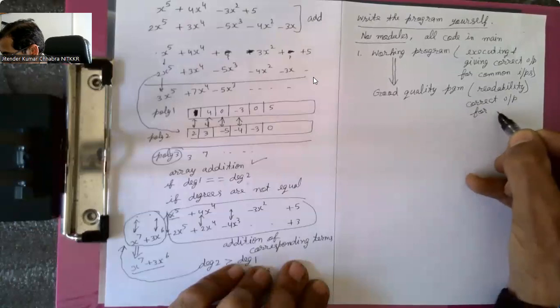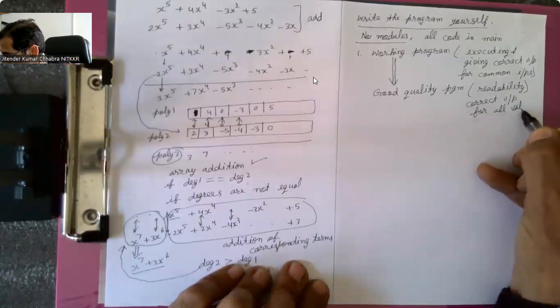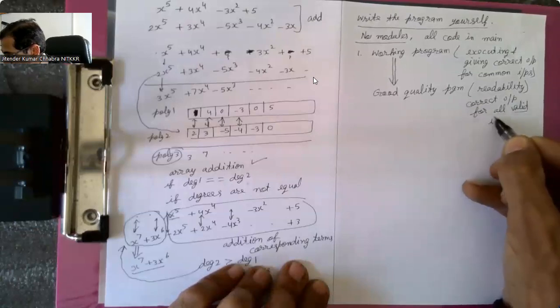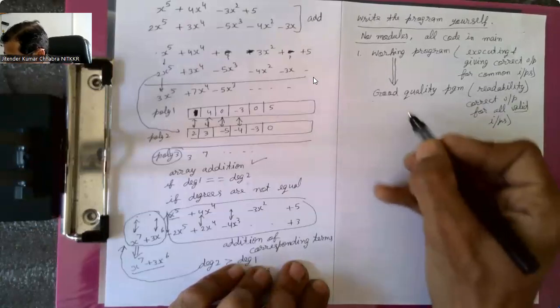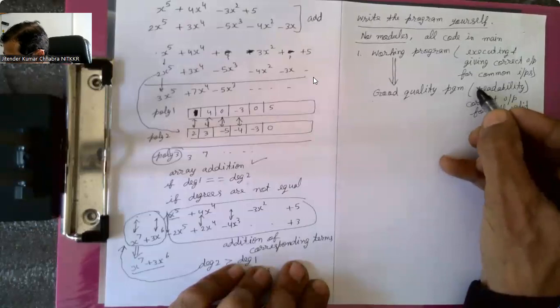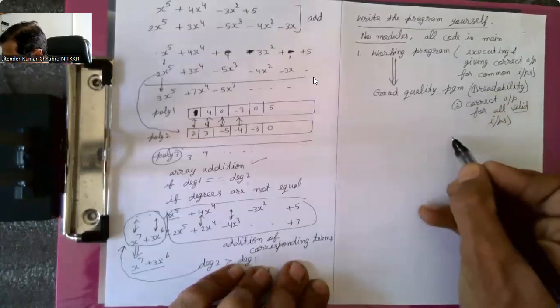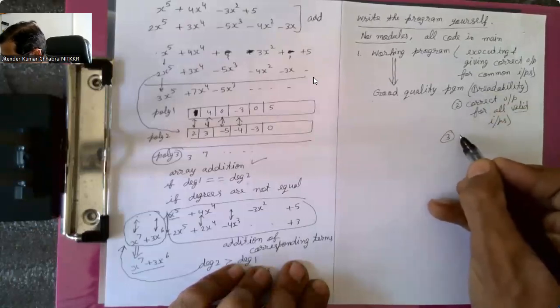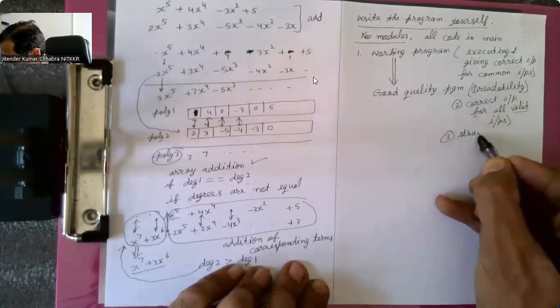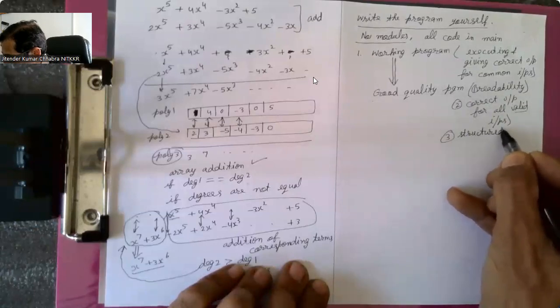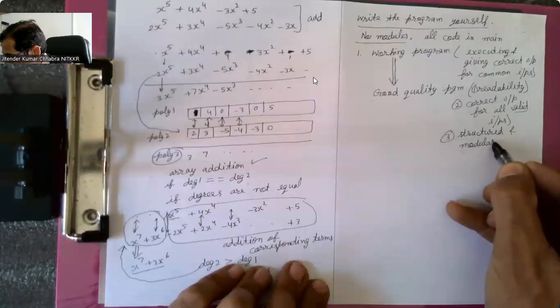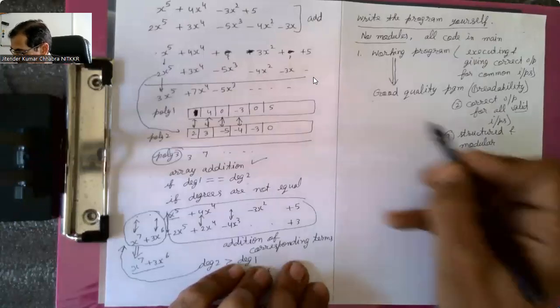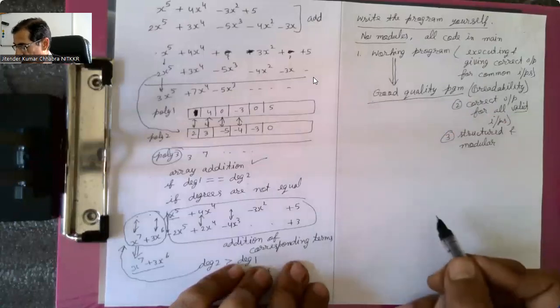So I must ensure that the program works well in those cases. And along with this, I should also have modularity added later, or structured logic, and modular also slowly towards that. Then I will say it's a good quality program.